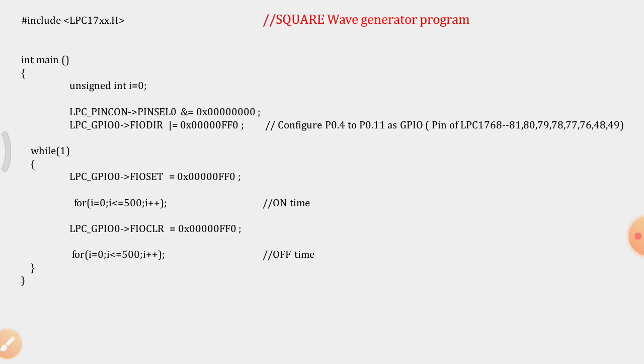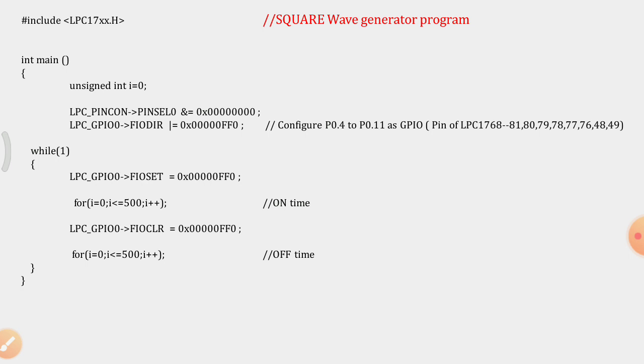Then I'm selecting all the pins from the pin select 0 register, that is from P0.0 to P0.15. Out of these, I'm going to change the direction of only 8 pins, P0.4 to P0.11, using LPC_GPIO0->FIODIR, the direction.